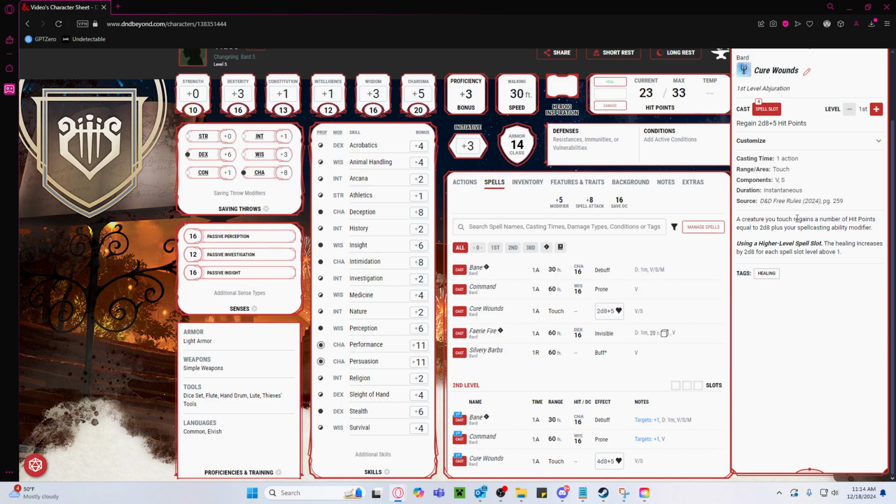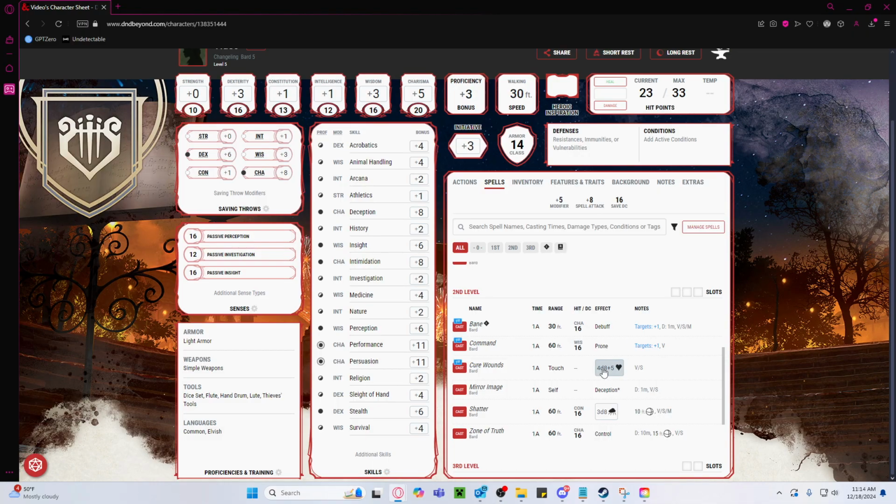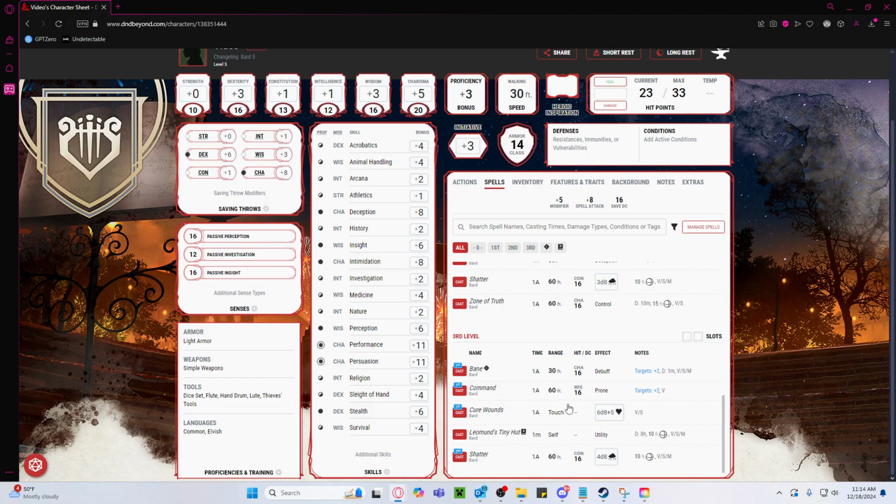So cure wounds at base will give us 2d8 of healing. Now, let's say we cast it at a second level. Here you can see it would do 4d8, so it gets twice as good. And then 6d8, so every level it's adding 2d8 to it.